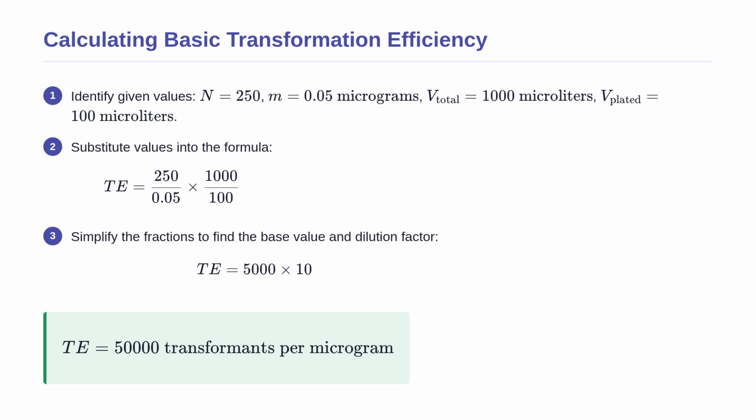We divide 250 by 0.05, which gives us a base value of 5,000. Then we divide our total volume of 1,000 by our plated volume of 100, giving a dilution factor of 10. Multiplying these gives our final answer. We successfully created 50,000 transformed cells per microgram of DNA, which is a very solid laboratory result.